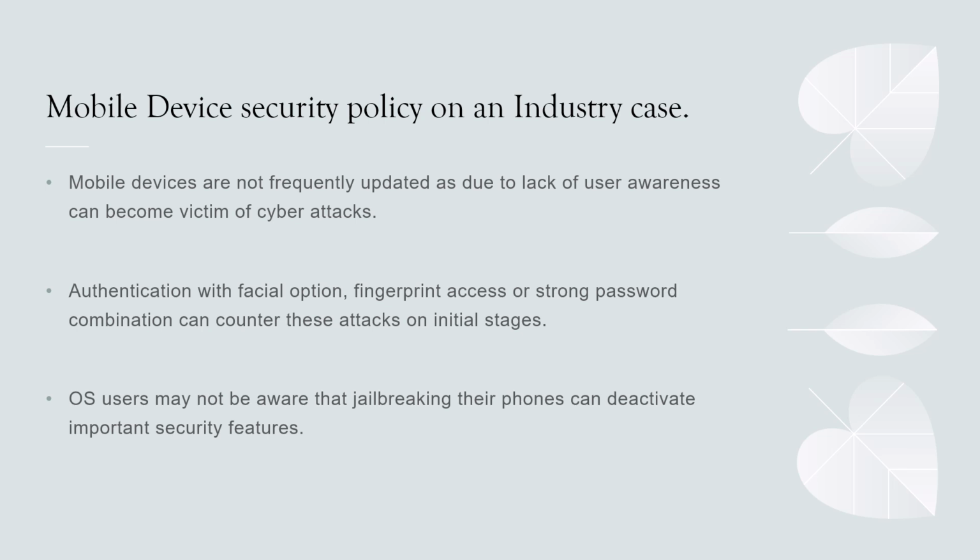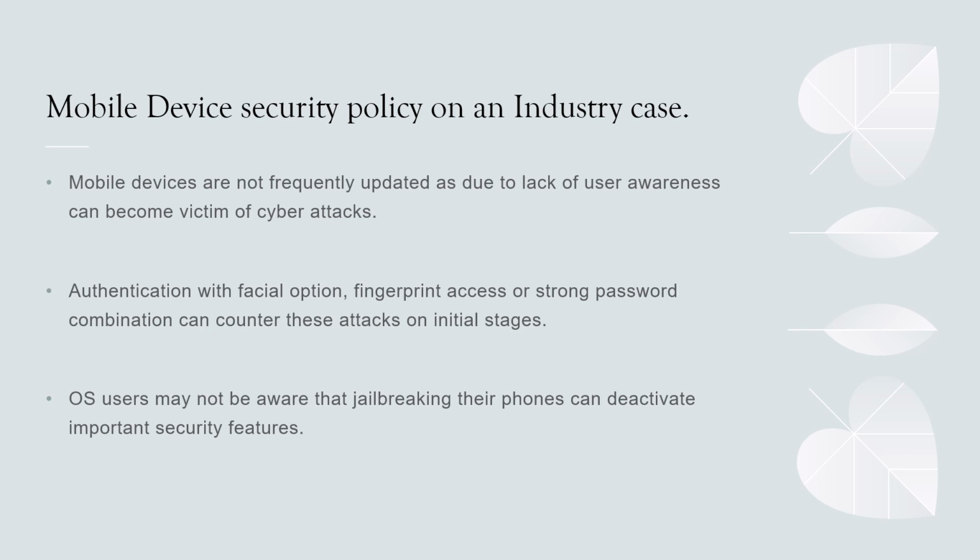If they use a very strong password combination, this can counter attacks at initial stages, because a lot of applications also need a strong password before you install anything on your phones. This requires a stronger password, so that if anyone gets access to your mobile, they won't be able to do much further damage to the mobile device.